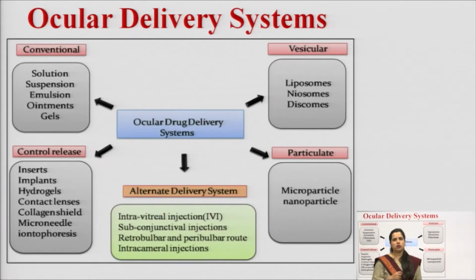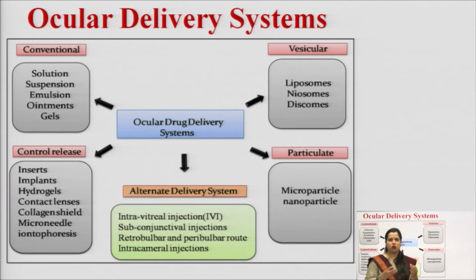Now, we discuss the variety of dosage forms for the ophthalmic or ocular drug delivery system. We have these conventional forms in the market, and they are widely used as compared to controlled release formulations for ocular delivery.